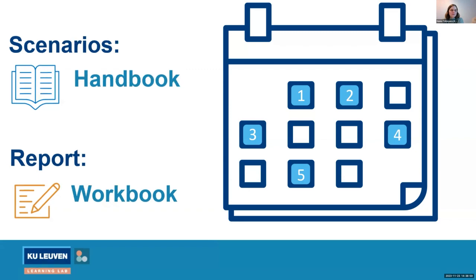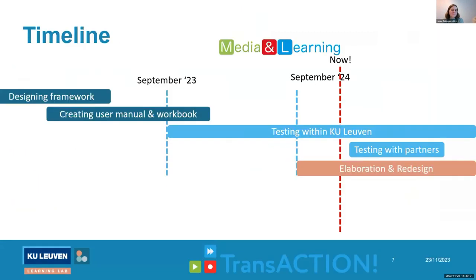Now, for this part, we've been working a lot on it. We've been designing the framework. We wrote a manual and the workbook, and we've been testing it internally within KU Leuven. We had some good results, and we also had some points we really had to work on. So now we're working on redesigning the whole thing.